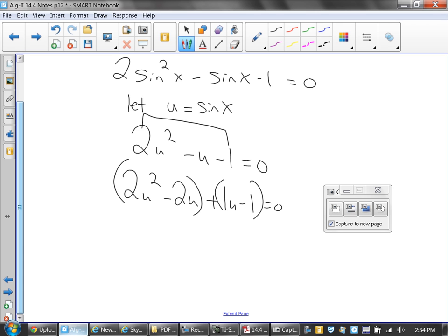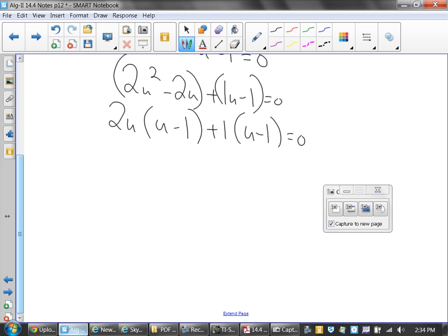What's the GCF of 2u squared and a 2u? 2u too. What I've done here, by using that U substitution, I just made it a little bit cleaner to factor to make my life less complicated looking.